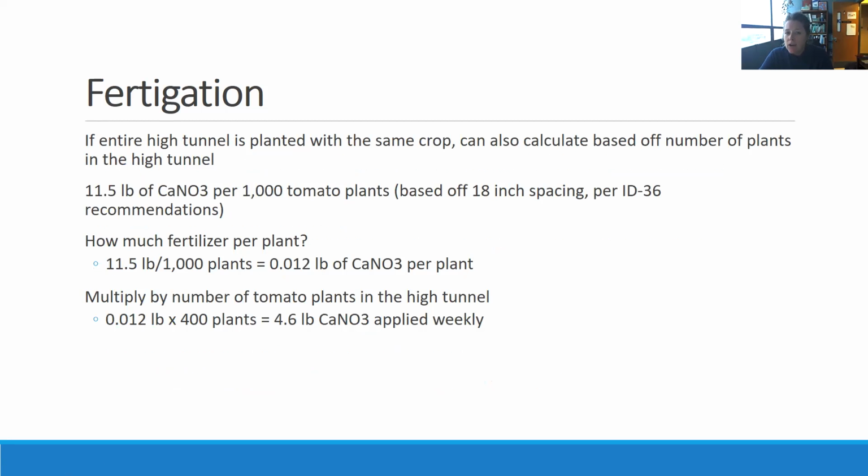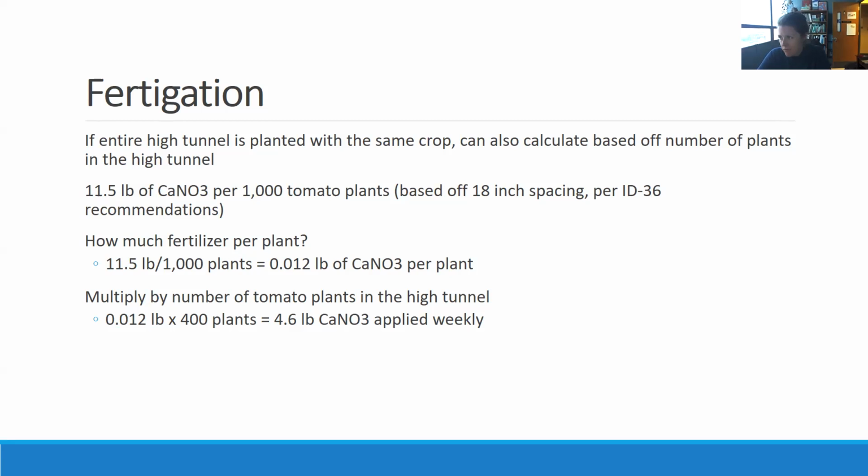So if the entire high tunnel is planted with the same crop, you can also calculate based off the number of plants in the high tunnel. So again, this is coming from ID 36, 11.5 pounds of calcium nitrate per 1,000 tomato plants. This is based off an 18-inch spacing.